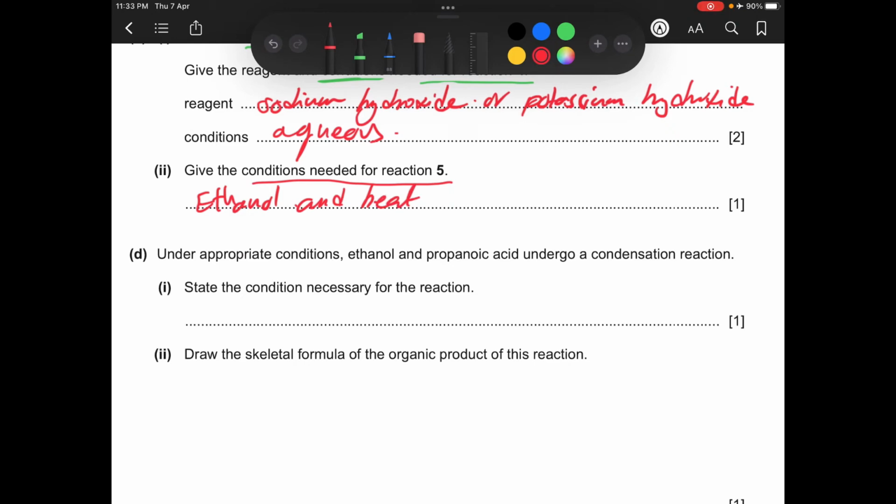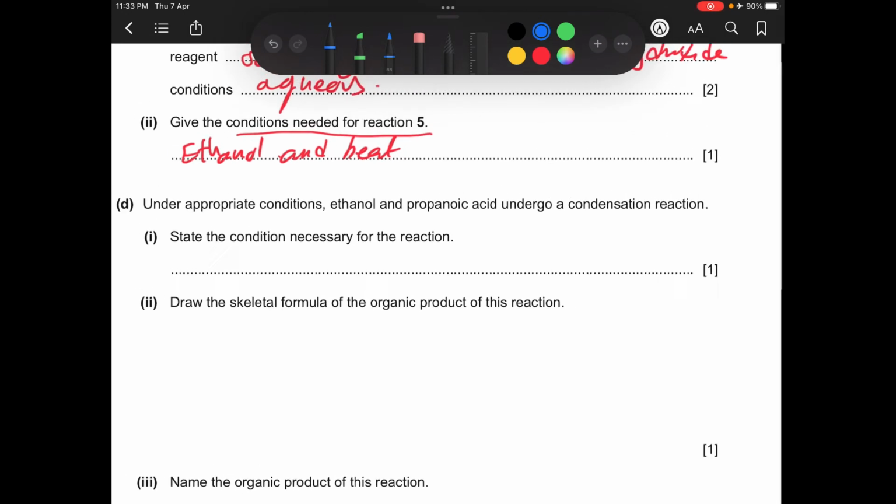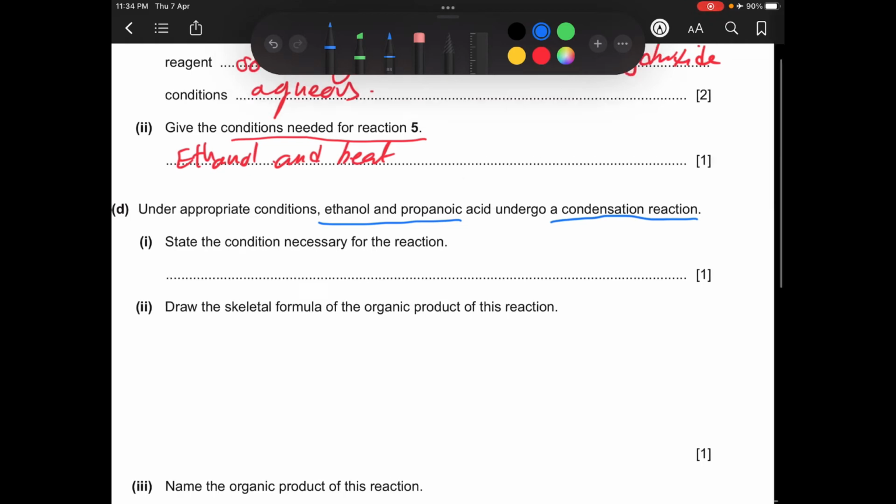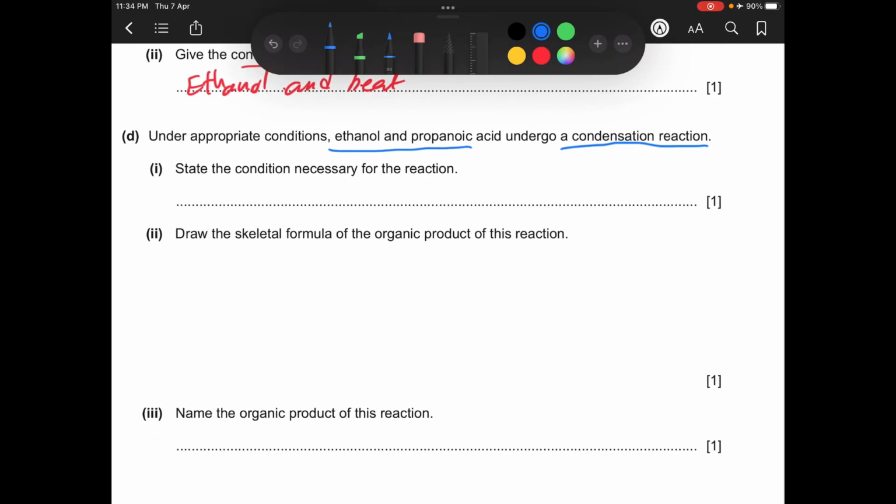Okay, let's go to D. Under appropriate conditions, ethanol and propanoic acid undergo a condensation. Once you have an alcohol and a carboxylic acid condensation, this is the esterification process. State the conditions necessary for this reaction.